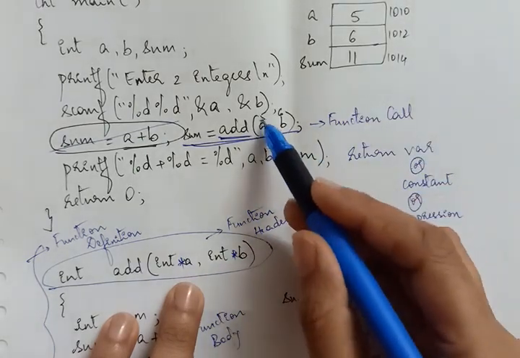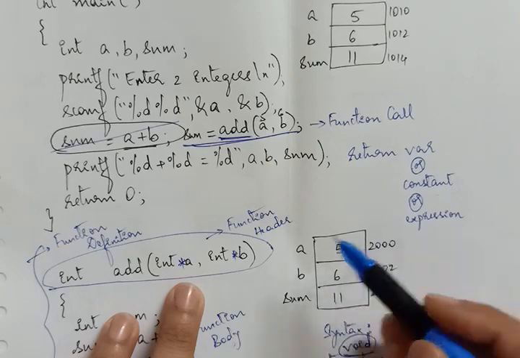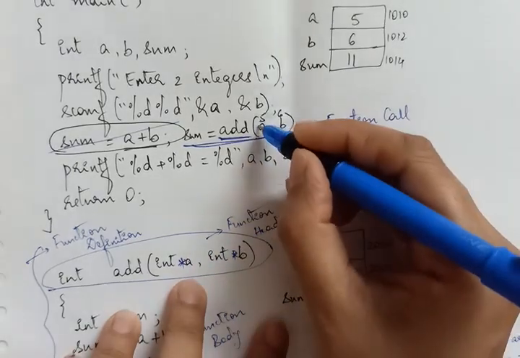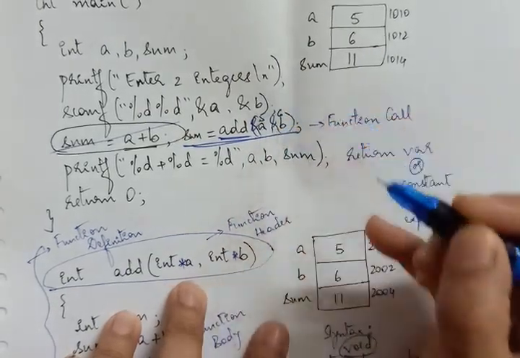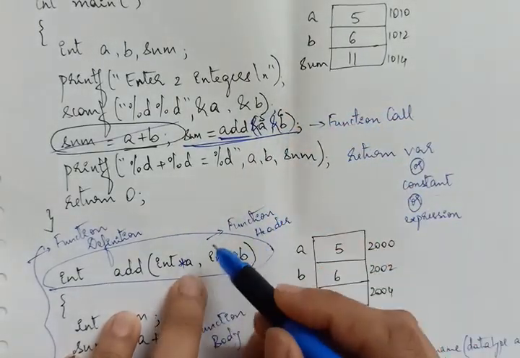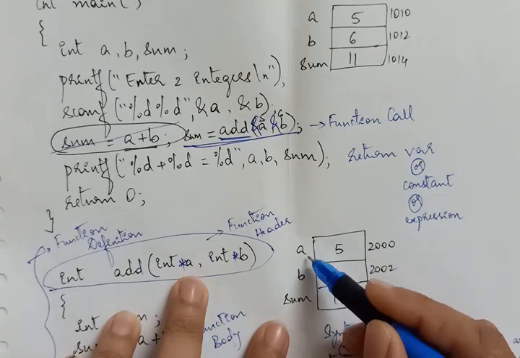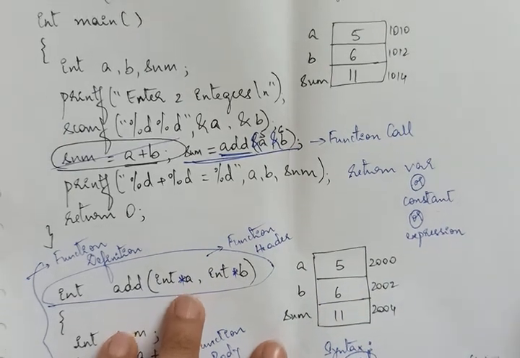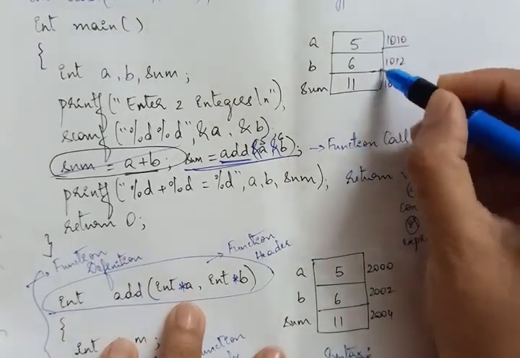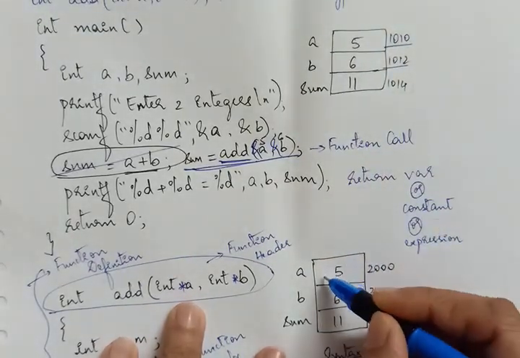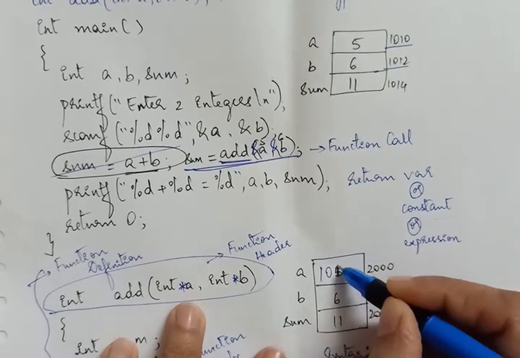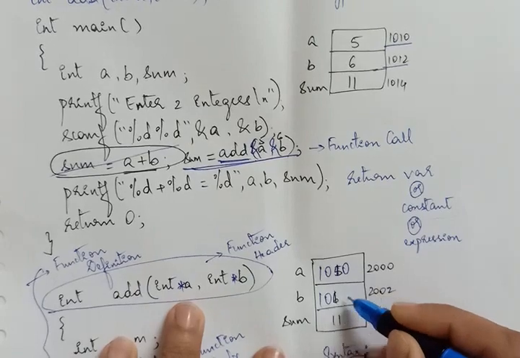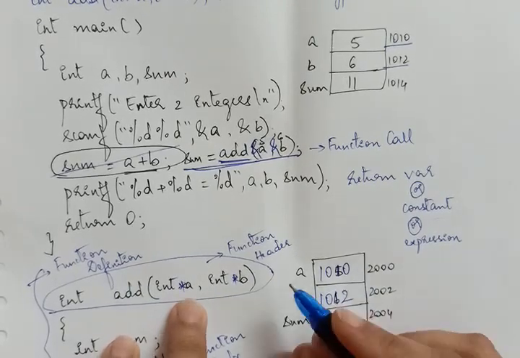That 5 and 6 what you passed was stored here, but now I can't store 5 and 6. I want the address of A and address of B to get stored in this location. So now this A, B are not normal variables, they are pointer variables and will hold the address of A and B. So what's coming here? You get 1010 and here you get 1012. Okay, so these are pointers.